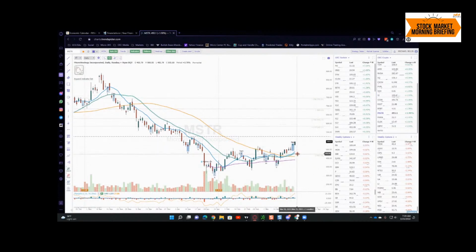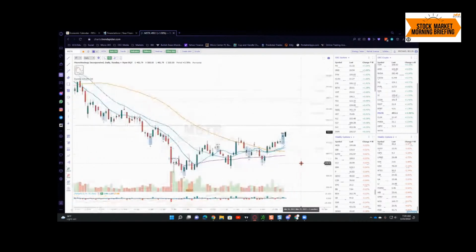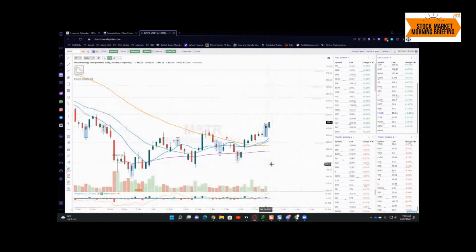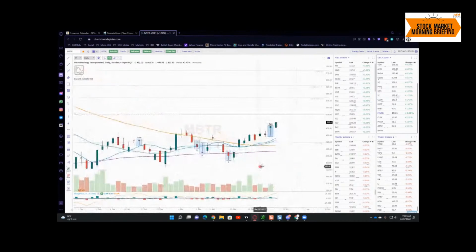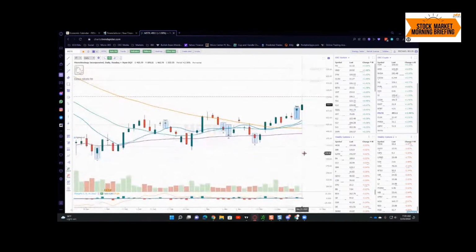We did get back above the 50. We got through the cluster of moving averages. And this morning, we're breaking out of that major level. That was a beautiful hammer reversal yesterday, too. So it's looking really good on the crypto scene.